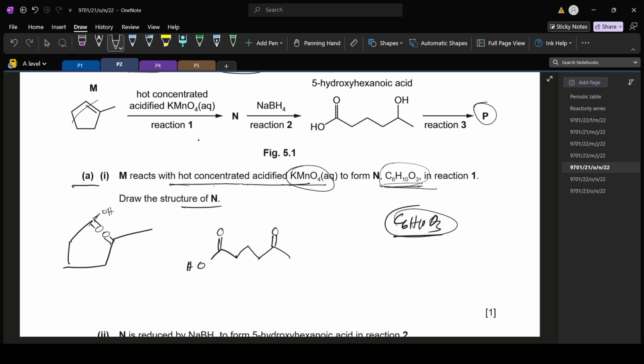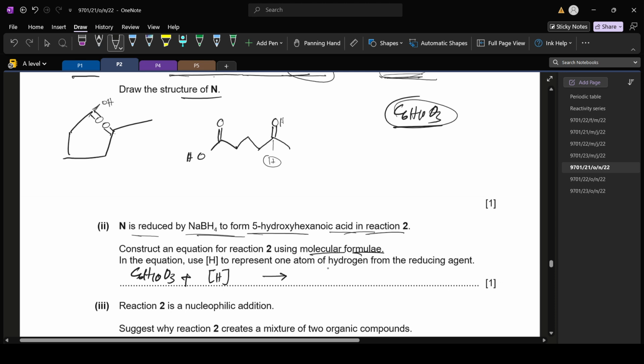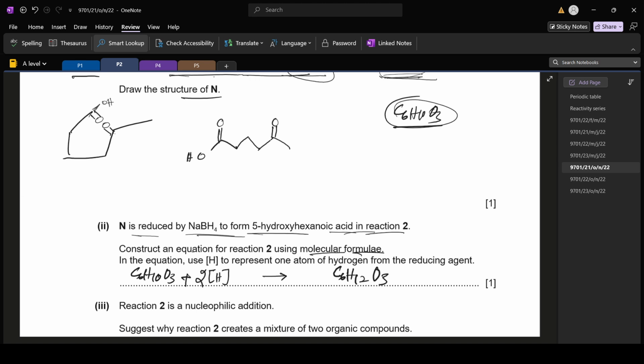The double bond will break, and one H will attach here and one H here, so you will have two more hydrogens. So C6H12O3. This is your equation for the reduction of N.